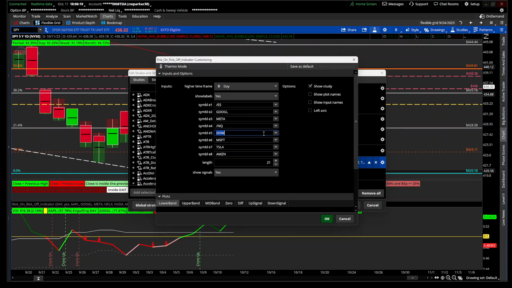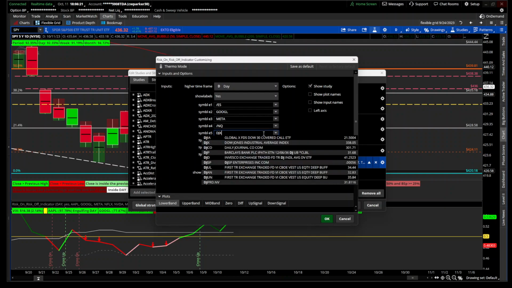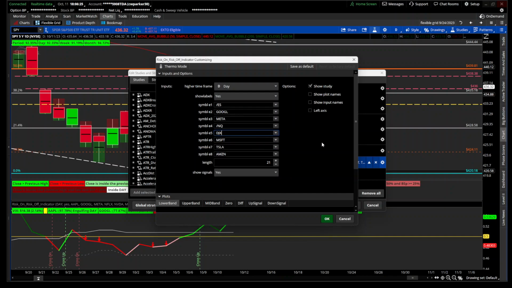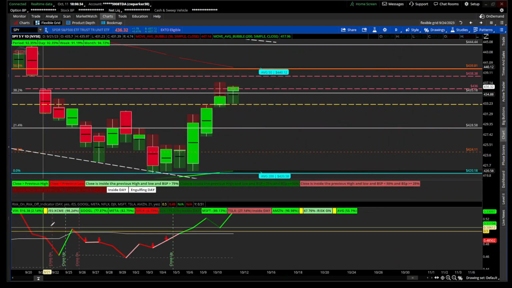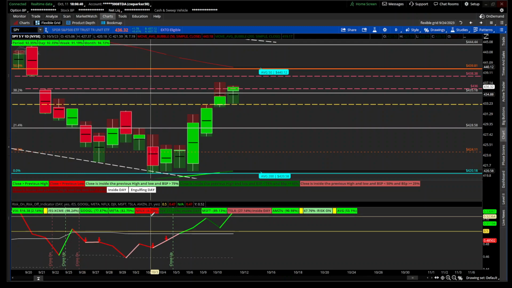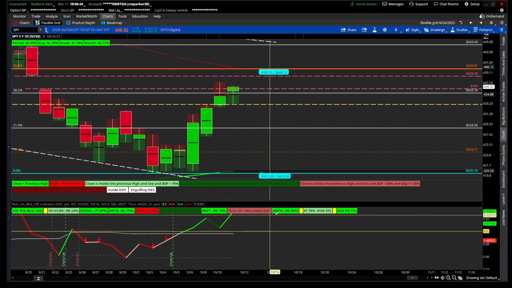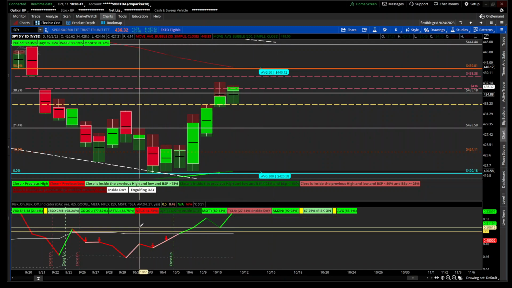Let's try the DJX, Dow Jones average. So I changed all those symbols, and you'll see these labels change as well. Now you have the ES is the futures, S&P 500 futures. DJX is Dow Jones Industrial Average, and where's the other one?